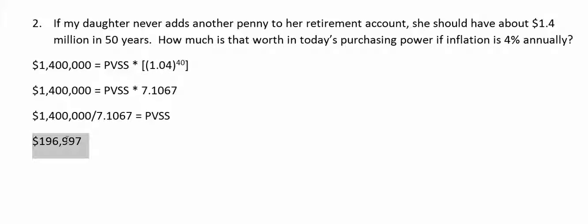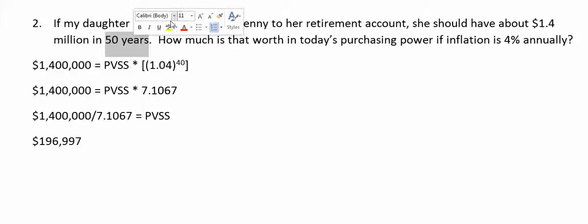Basically, $1.4 million in 50 years will buy the same amount of goods that $196,000 will buy today, because inflation is high at 4%, and it's increasing prices of things for 50 years.